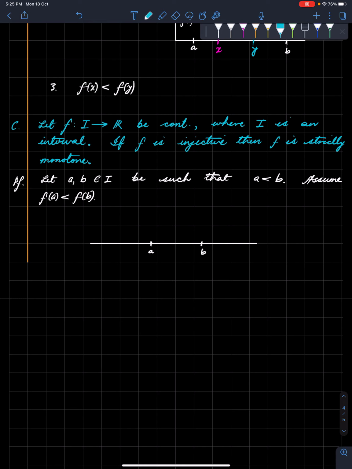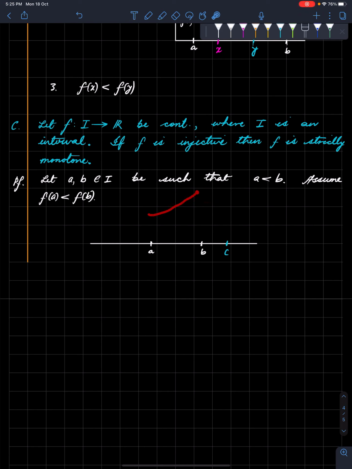So let's say we pick c somewhere here. Then there are 2 possibilities. Either the function on this interval is strictly increasing, but then it is strictly increasing in this entire interval, or it is strictly decreasing in this interval, again by the previous lemma.